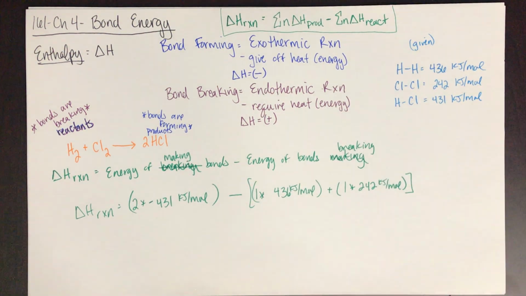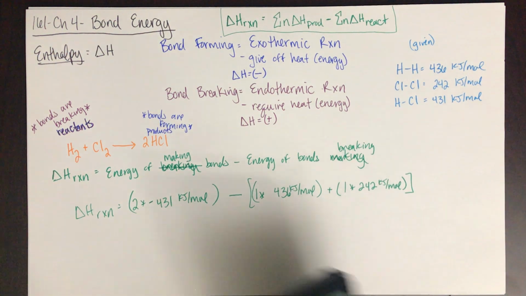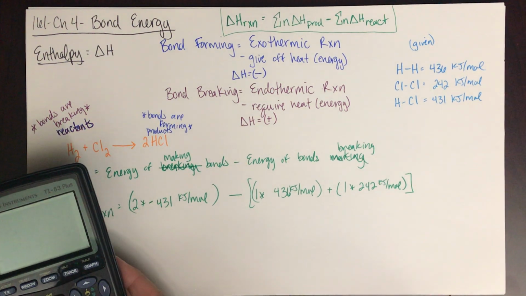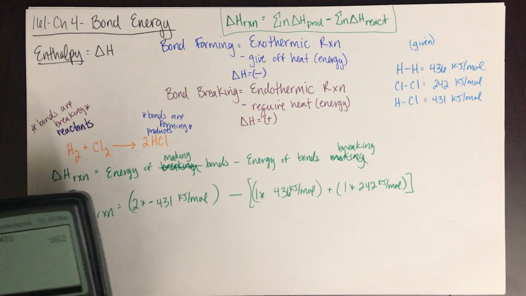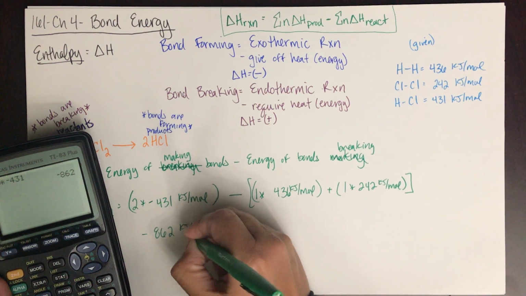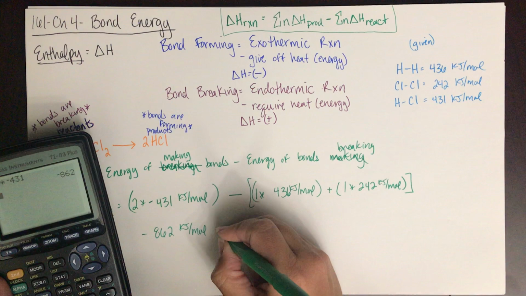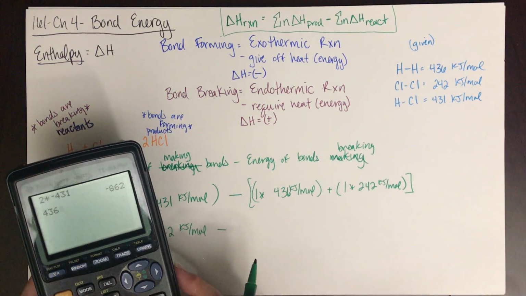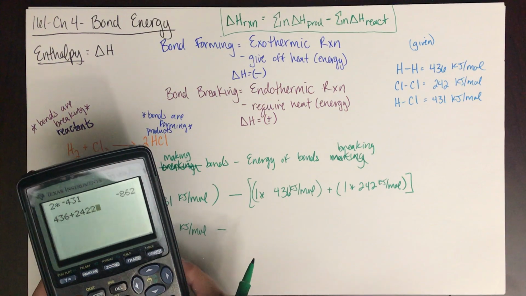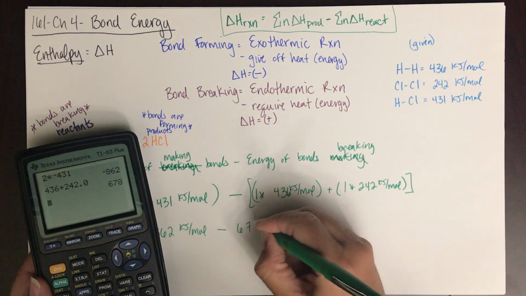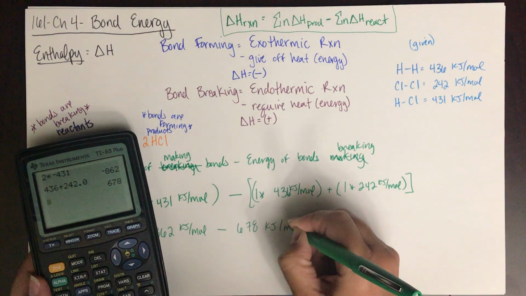Again, you're given this information here. So I'm just going to plug this into the calculator. 2 times negative 431 is negative 862 kilojoules per mole minus 1 times 436 plus 1 times 242, which is 678 kilojoules per mole.